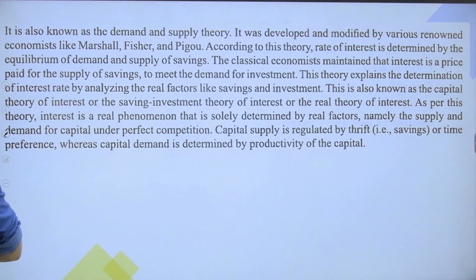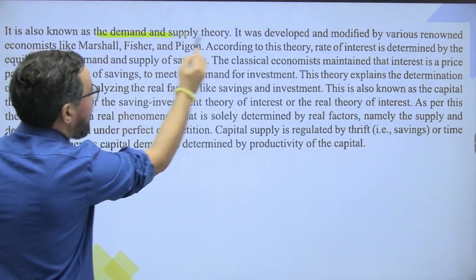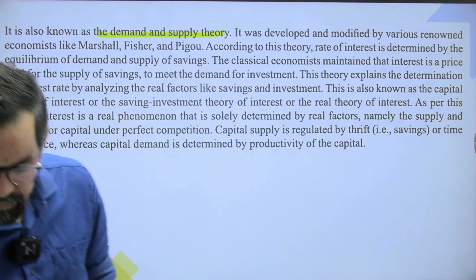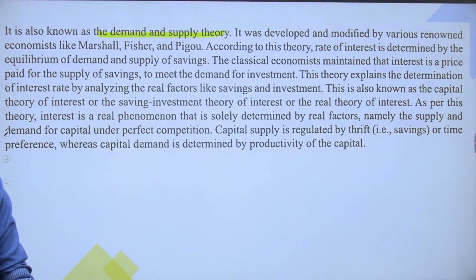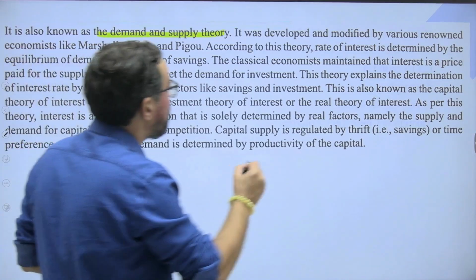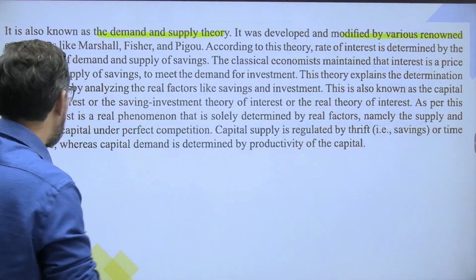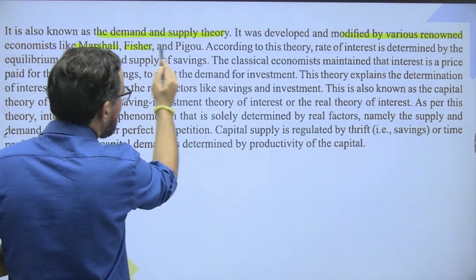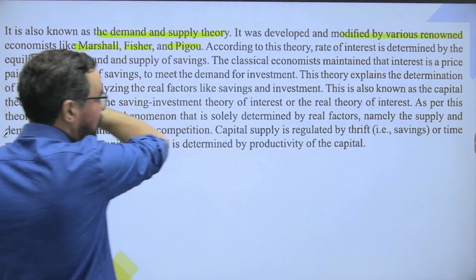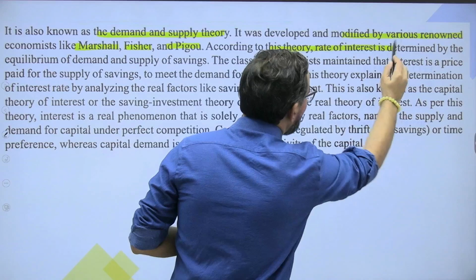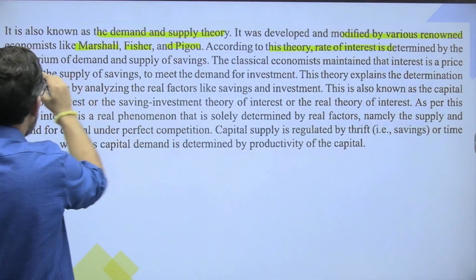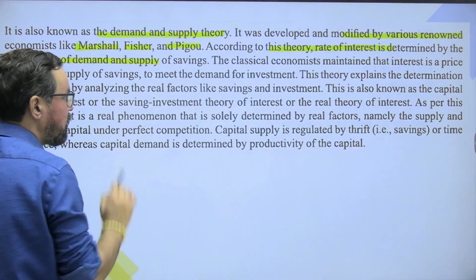सो थोड़ा सा यहाँ पे एक बार इसका एक्सप्लेनेशन देख लेते हैं। सो इट इज ऑल्सो नोन एज डिमांड एंड सप्लाई थ्योरी। Demand and supply theory was developed and modified by various renowned economists like Marshall, Fisher और Pigou, जो हमने स्टार्टिंग में बात किया था। According to the theory, the rate of interest is determined by the equilibrium of demand and supply of savings.